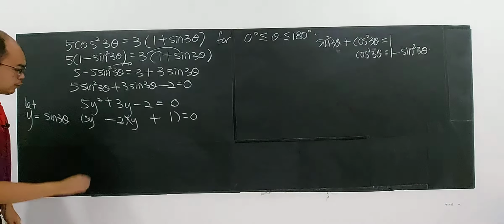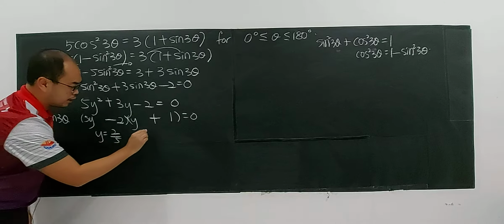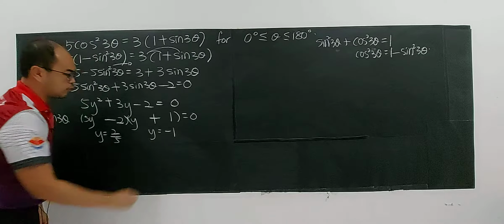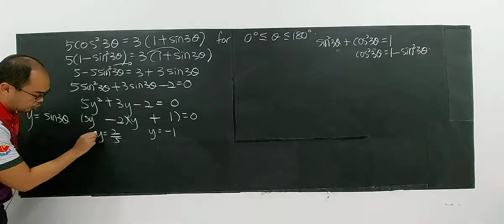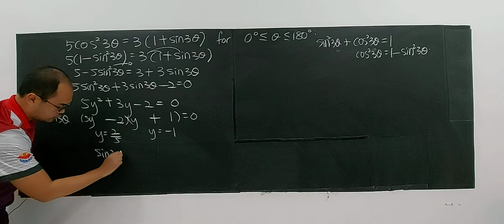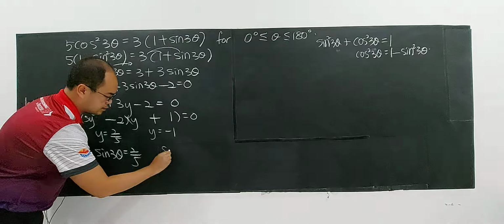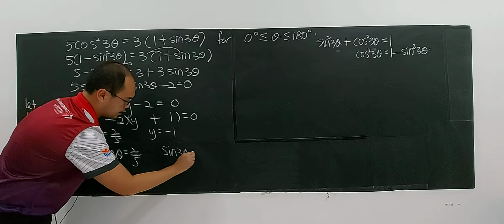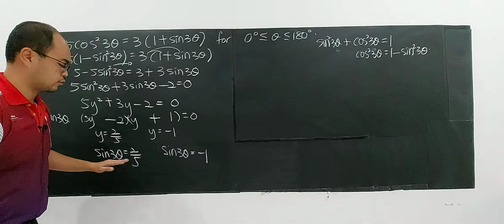So y has two solutions: y equals 2 over 5 and y equals negative 1. But y is actually sine 3 theta, so sine 3 theta equals 2 over 5 and sine 3 theta equals negative 1. So you have two possible solutions for sine 3 theta.